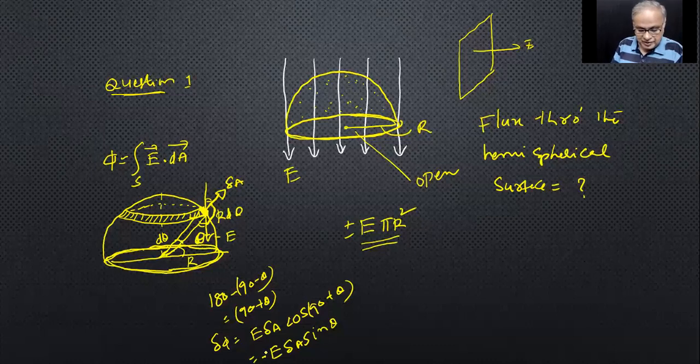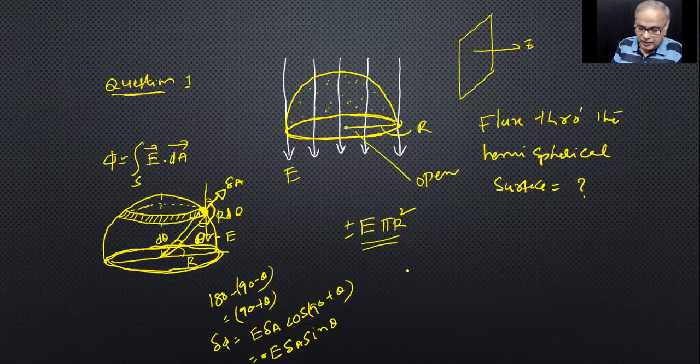Now, like this for delta A all around the ring, d phi will be what? Minus E delta A sin theta, because this whole thing is symmetric about this axis. So theta will be the same, everything is the same. So I'll get minus E dA sin theta.